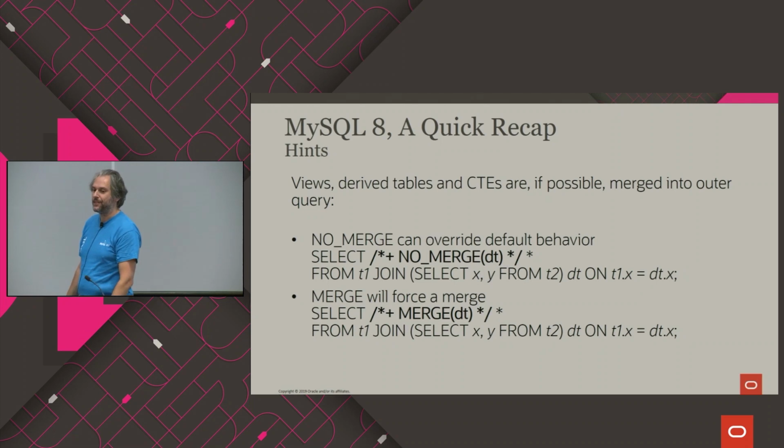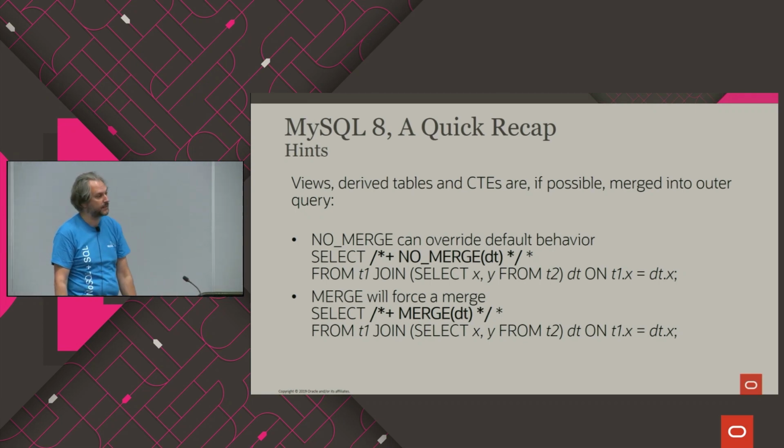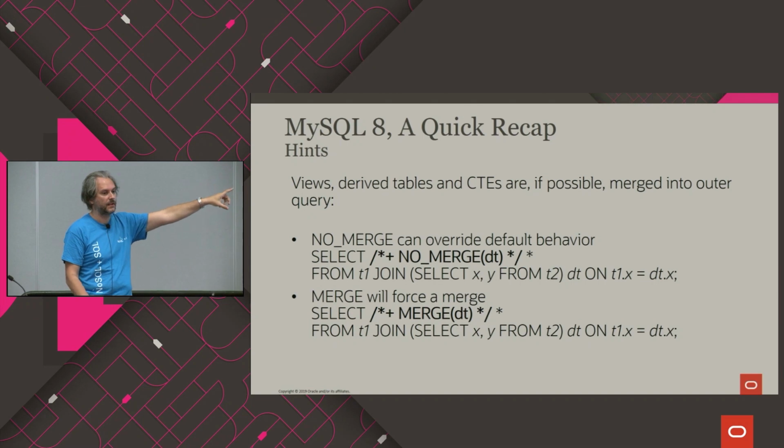And this is yet another improvement, whether we want CTEs, derived tables and views to be merged into the other query or materialized. Such tables, CTEs, derived tables and views, are materialized.